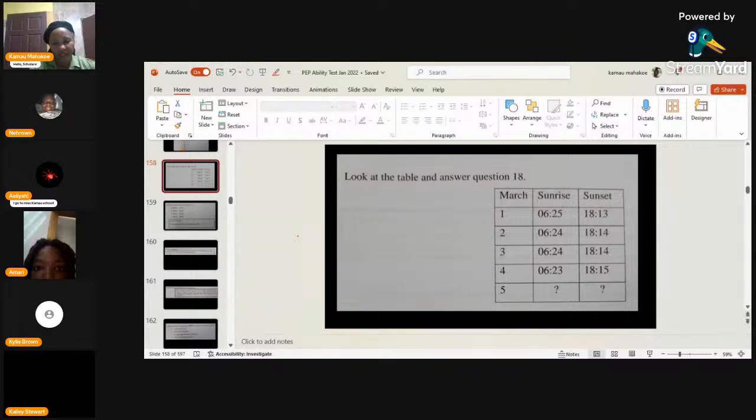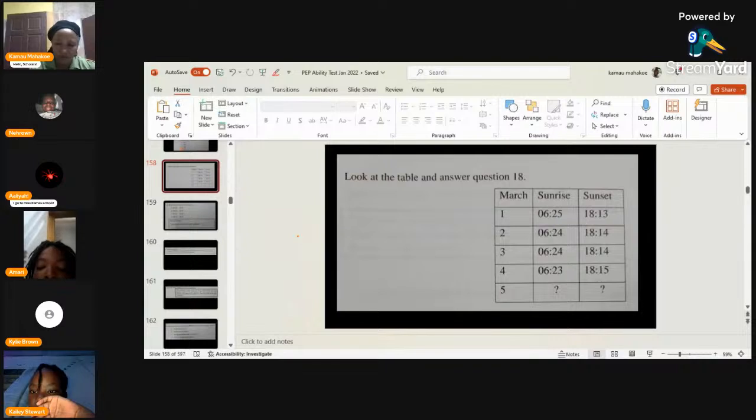Okay. So they're telling us for 4 days the time that the sun rises and sets. So look at it carefully and see if you can pick up a pattern. Is the sun rising earlier or later each day? Miss, for the first day of March, the sun rose at 6:25 and it set at 6:13.